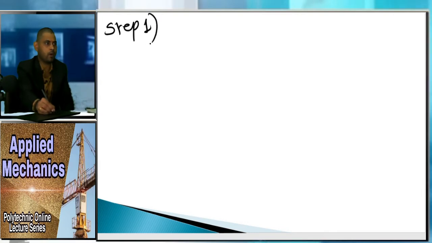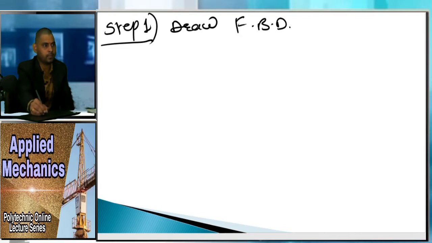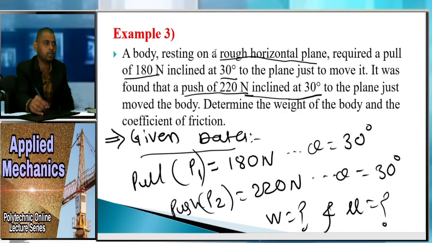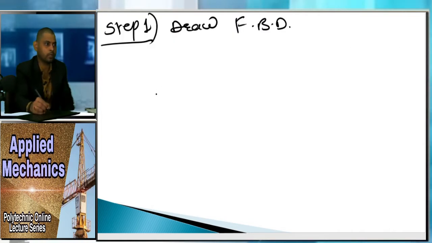Step number 1, draw the free body diagram. So we have to draw the first free body diagram. Here we have our horizontal plane, and as we drew the free body diagram in previous problems, similarly we have to draw here also.